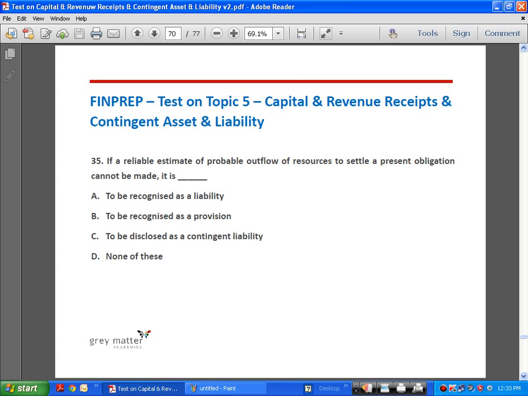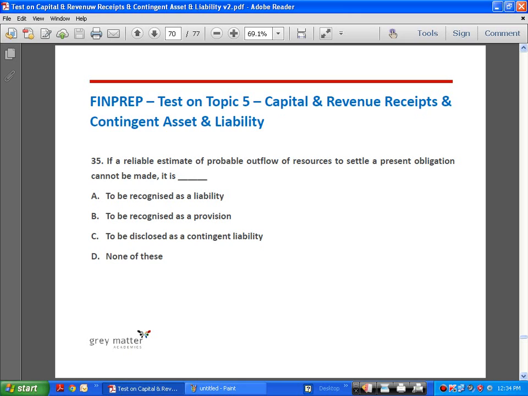Even if it seems likely that the company is going to lose the case, but we are not able to make a reliable estimate of the damages that the company will have to make good in case the other person wins the case, then such an obligation is a contingent liability.